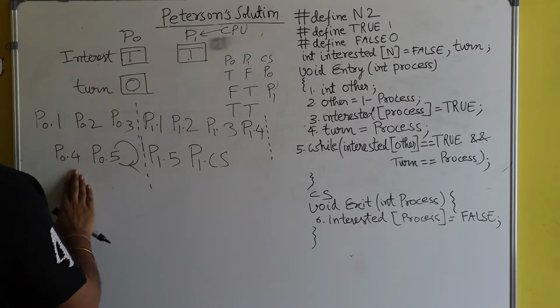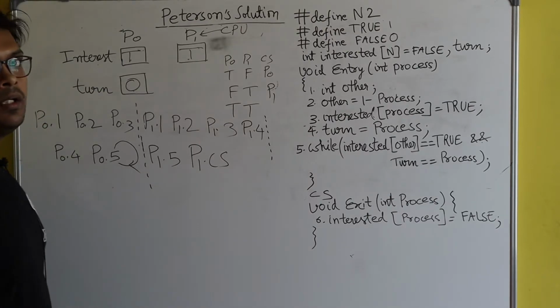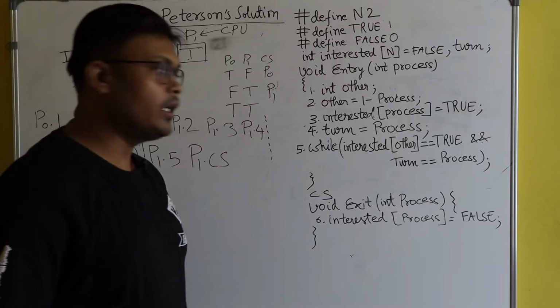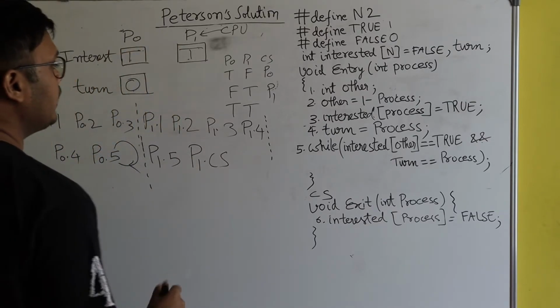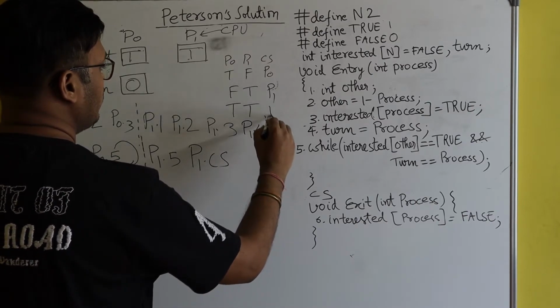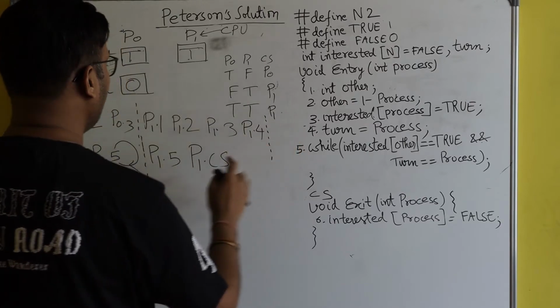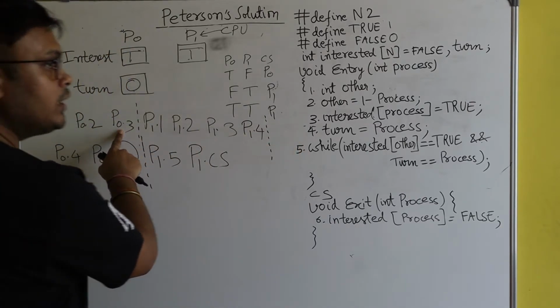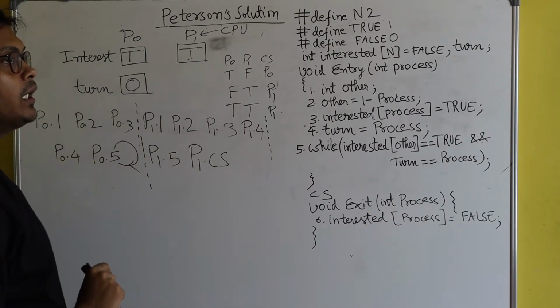That's why here P0 will wait and P1 has got the entry inside the critical section. Fine. P1 has got the entry because P1 set the turn variable first. If P0 had set the turn variable first, then P0 could get the entry inside the critical section.